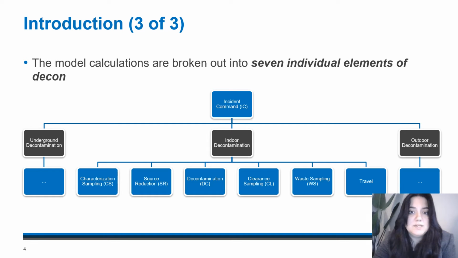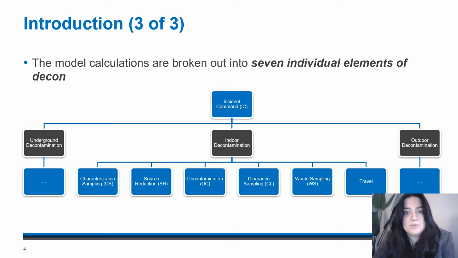And this element relies on the efficacy model, which we'll discuss in more detail later on, in order to predict how effective a specific decontamination treatment method will be when applied to a given surface, allowing for multiple rounds of decon on the same surfaces. And then clearance sampling is performed after each round of decon to determine how much contaminant was removed from surfaces via treatment and to determine if an additional round of treatment is required.